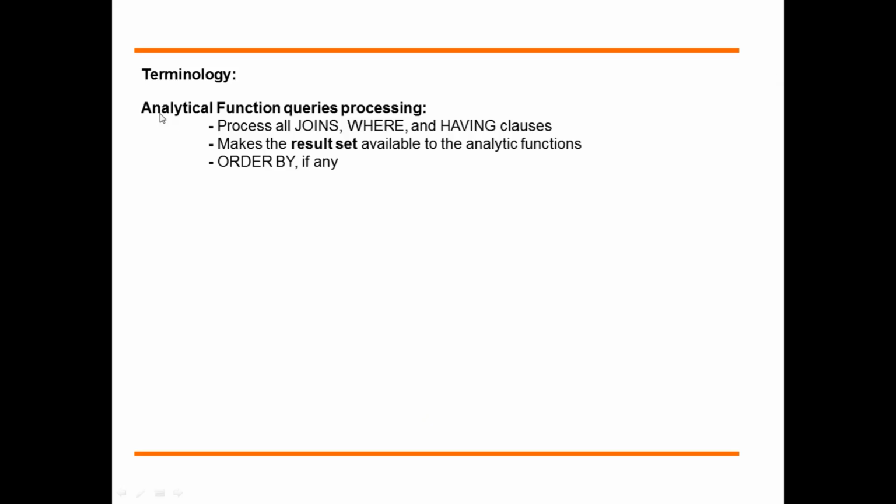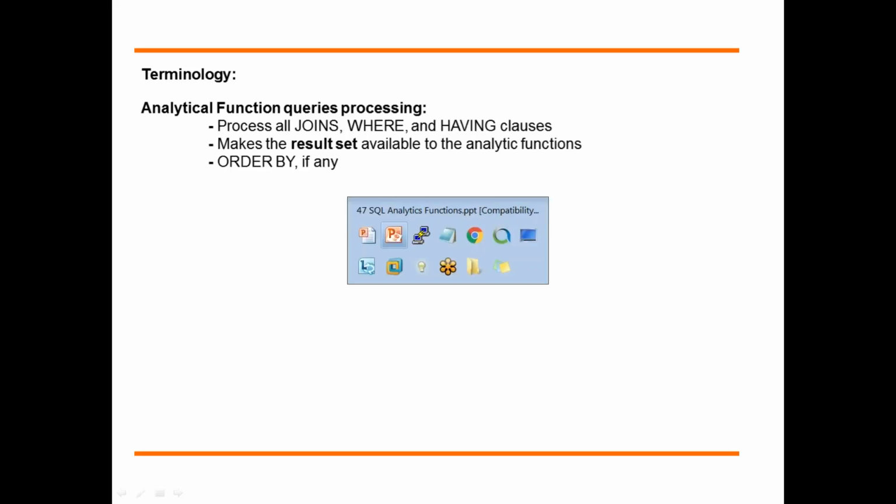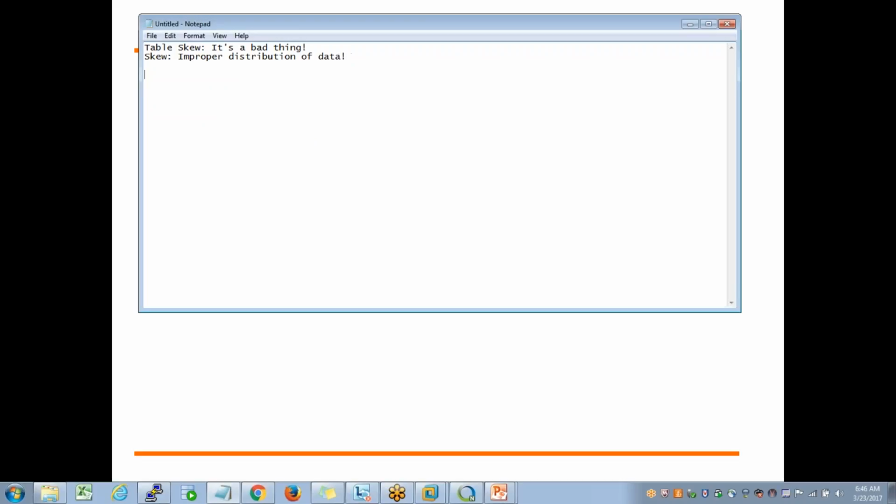The first one is how analytical function queries are processed. So here I am talking about including analytical functions logic in an existing SQL. When I talk about my existing SQL, I have something like this.